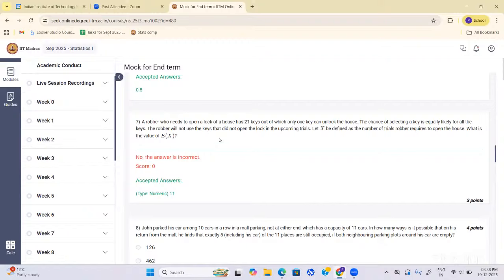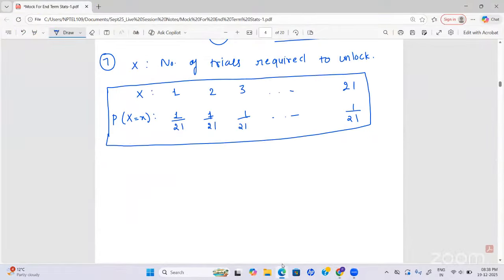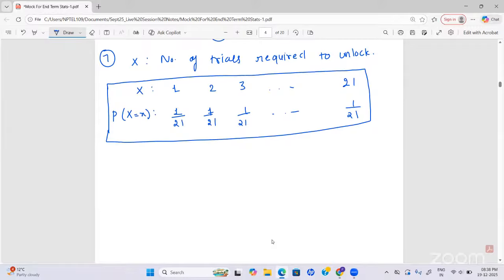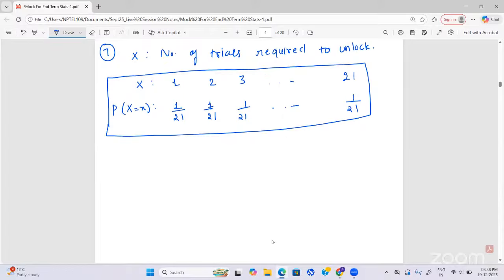Okay, this is the main thing. So here in this particular question, it is given that selecting the key is equally likely, and this condition is also given. So this approach will be true. What can be the other approach to solve this question? I will check. And you can also check what can be the other approaches to solve this question. But as of now, I am solving it by this method.